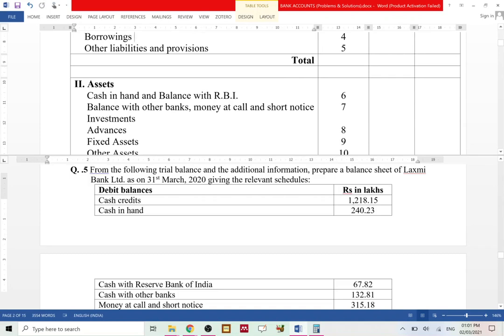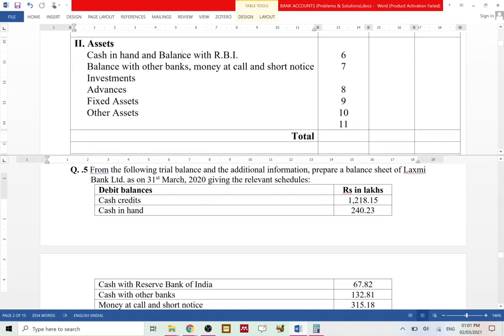Next we have the asset side, that is cash in hand and balance with RBI. This is a little different from other balance sheets that we normally solve. So for a bank, the asset will be the cash which it holds by itself on a day-to-day basis, and also the cash balance that it keeps as reserve with RBI.